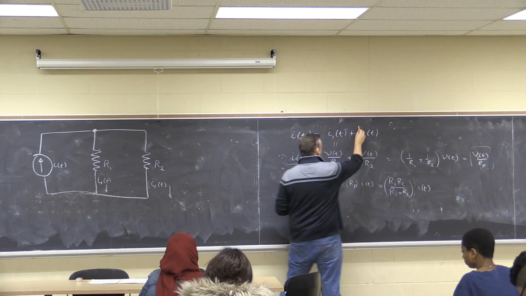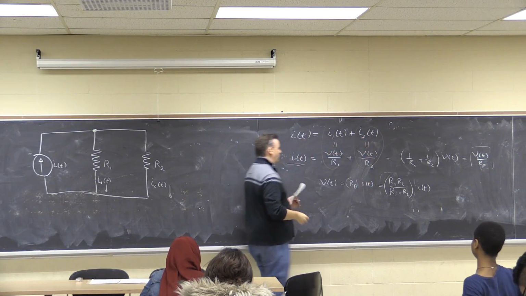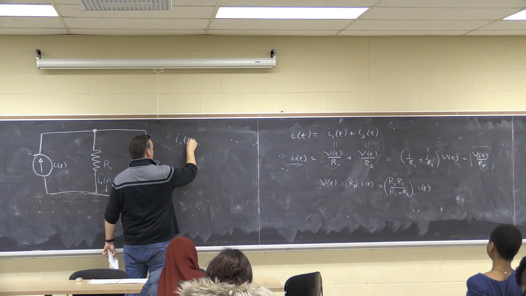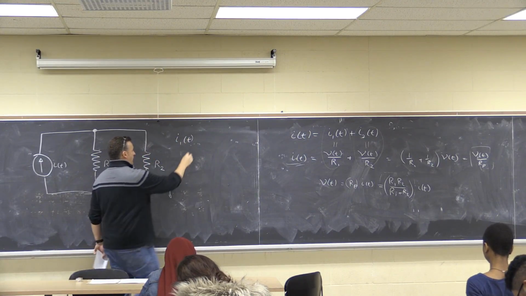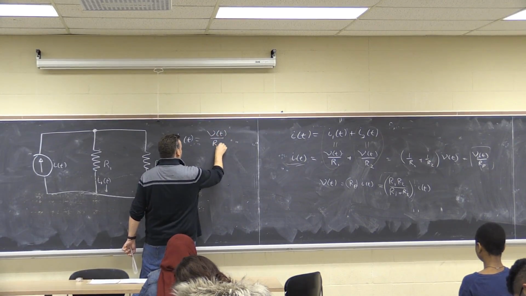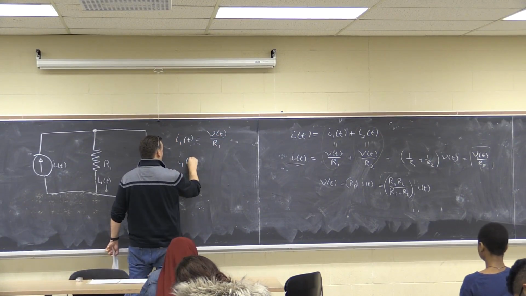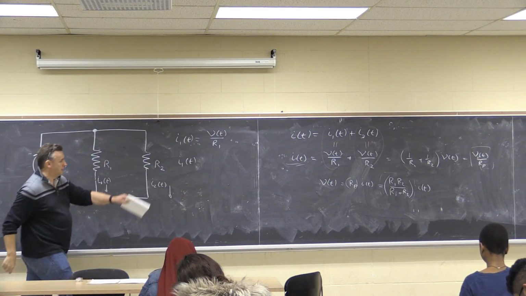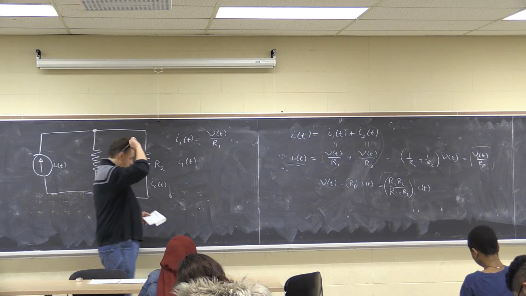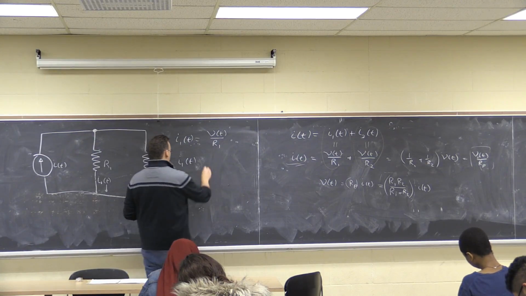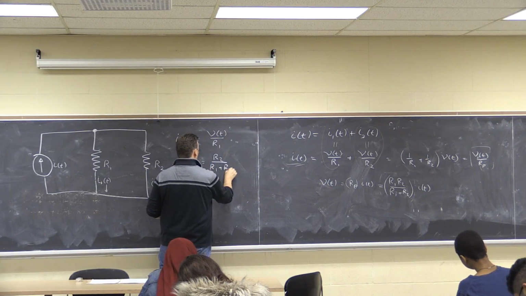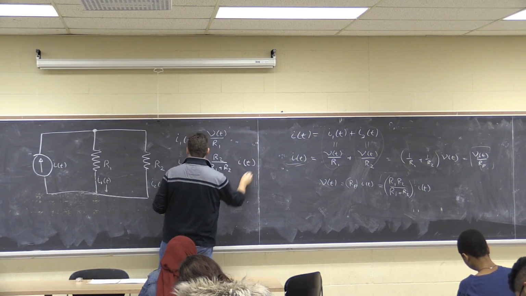So I can say I1 of t equals V of t over R1, and substituting in for V of t, I end up with R2 over R1 plus R2 times I of t.